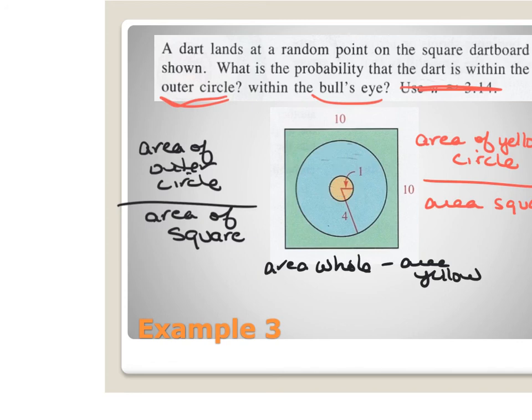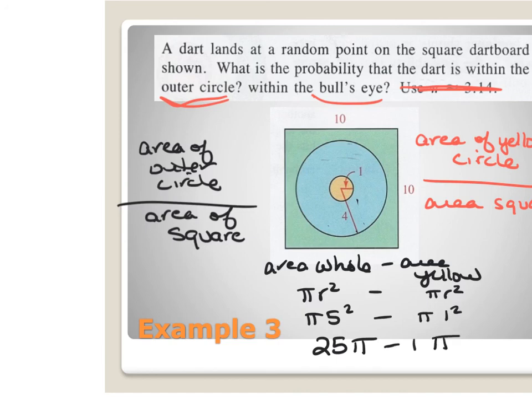Okay, so notice from here to here is 1, and from here to here is 4. So the radius of my whole circle is 5. So my whole area is going to be pi r squared. So pi times 5 squared, and the whole circle is 25 pi. Then the area of the yellow circle, still pi r squared, but this time my radius is 1.